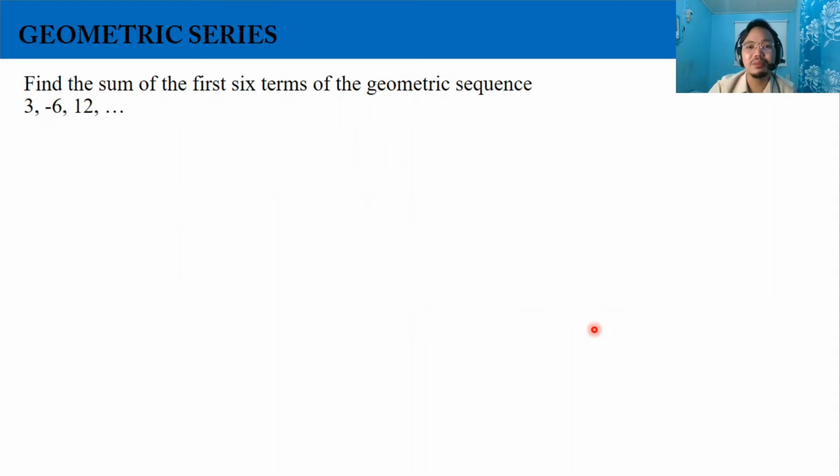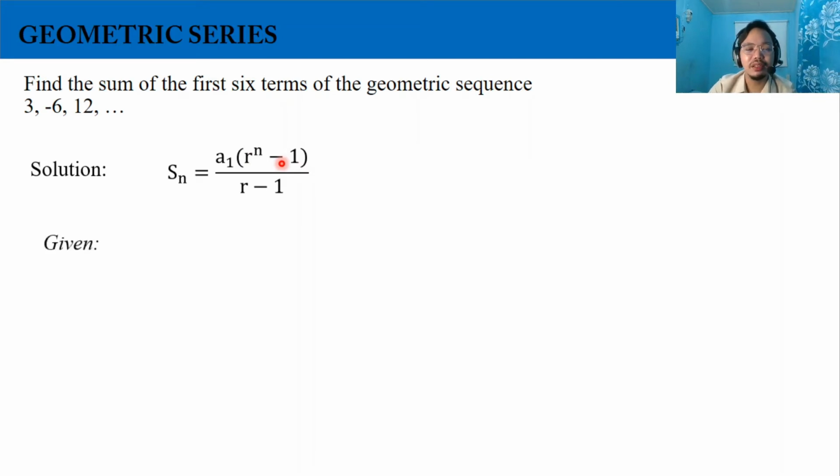Let's have the second example. Find the sum of the first 6 terms of the geometric sequence 3, negative 6, positive 12, and so on. So for the solution, let's have our formula again. S sub n equals a sub 1 multiplied by the quantity r raised to n minus 1 all over r minus 1.